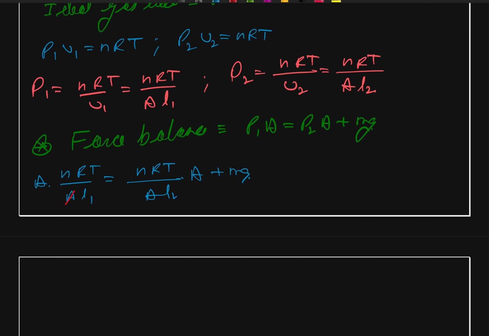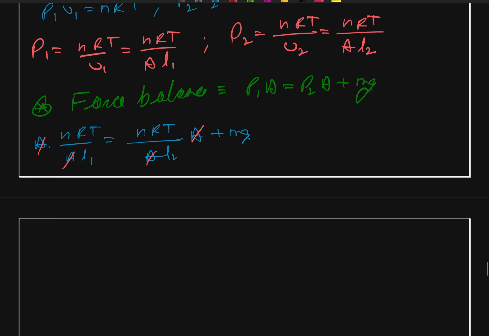Here A cancels out, so we get mg is equal to nRT common, multiplied by 1 upon L1 minus 1 upon L2.